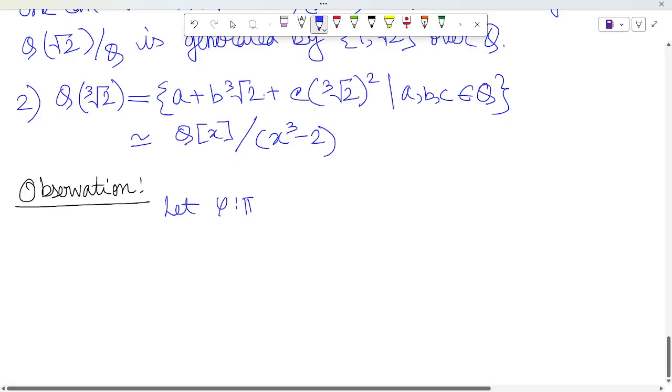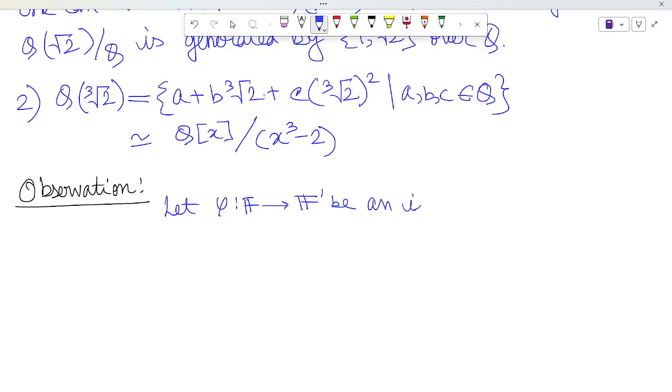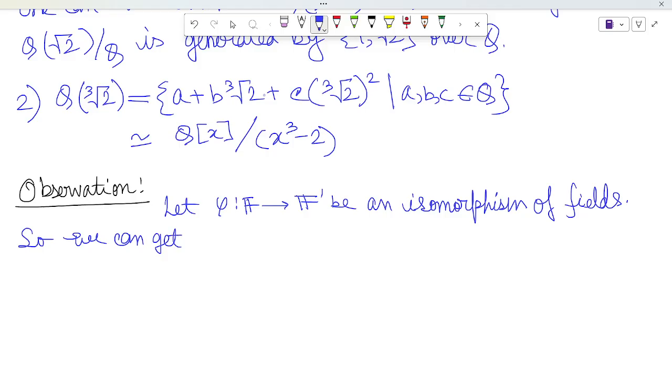Let phi be an isomorphism of fields. Okay. So we can get a ring isomorphism psi.